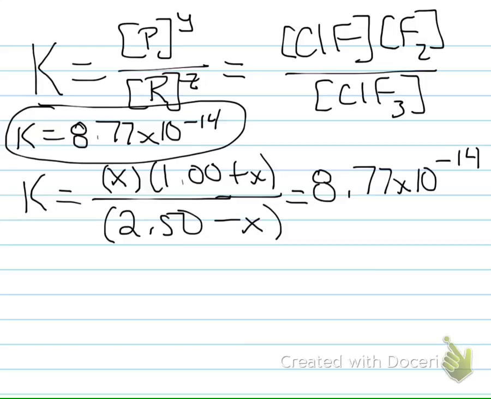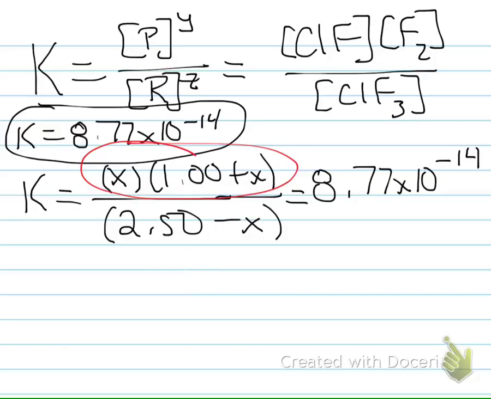So this poses a problem because we have x's in a couple different places, and if you notice from algebra, if you do this, you're going to have to FOIL, and you're going to get an x squared in there, and that's annoying. An x squared over x and all these other numbers, it's going to be a pain.